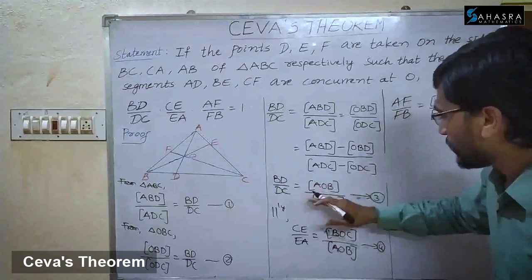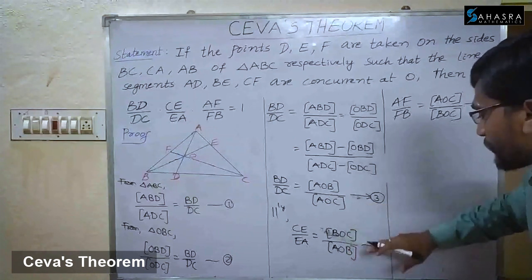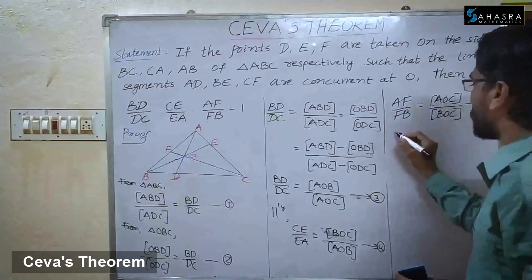By multiplying the third equation, fourth equation and fifth equation, what do we get?